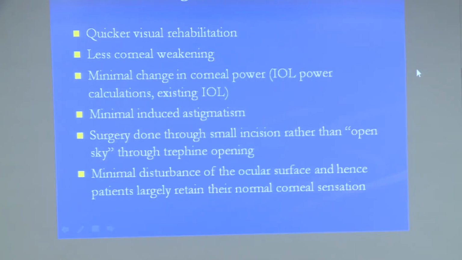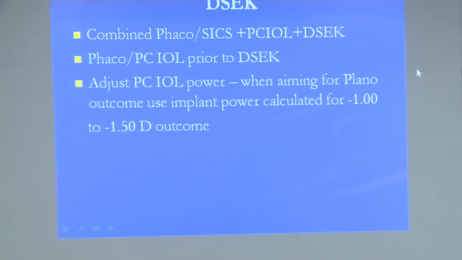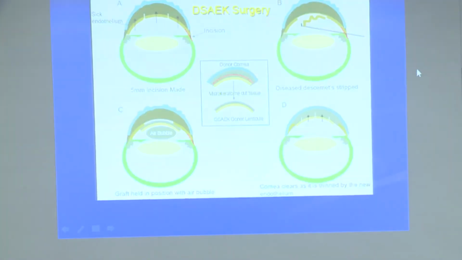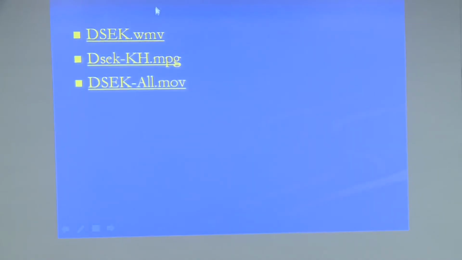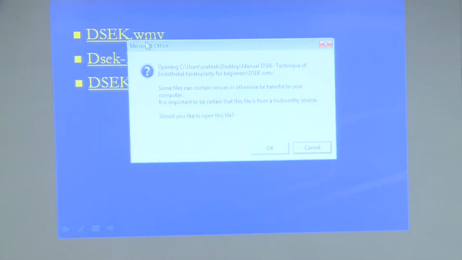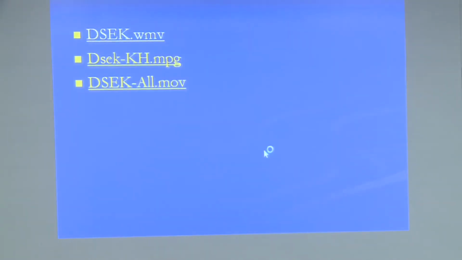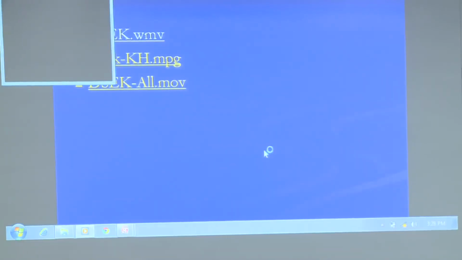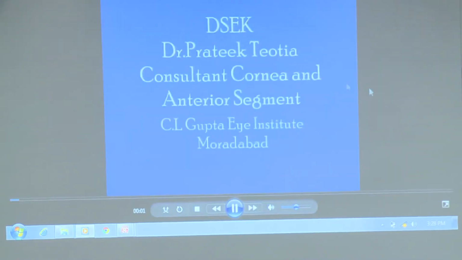The advantages were taken care of by the previous speakers. So I will just show you my case and how I do manual DSEK.